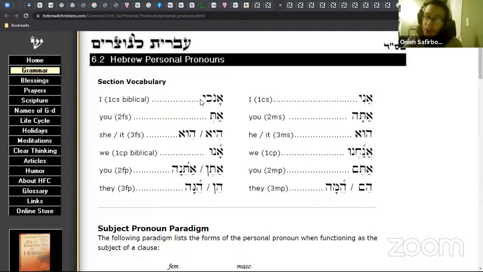You then switch to the simple verb, because the verb has the pronoun attached to it, like I said. So for example, I'm trying to think of a good example.